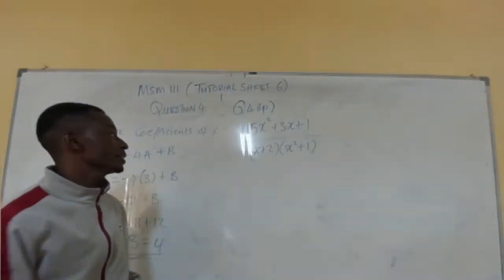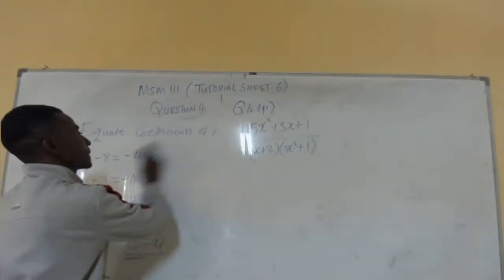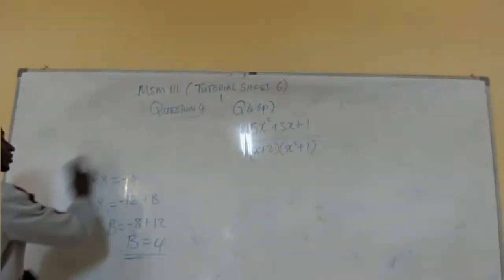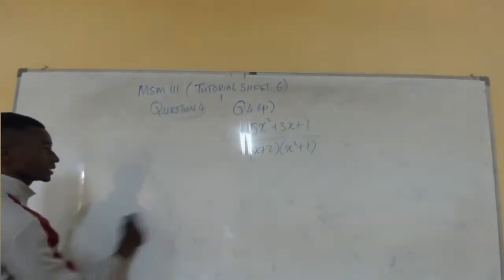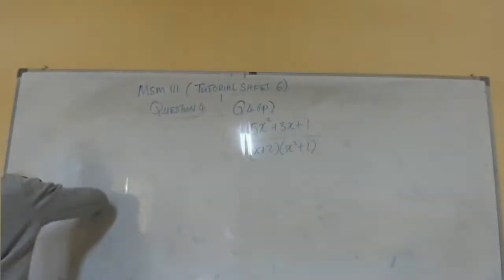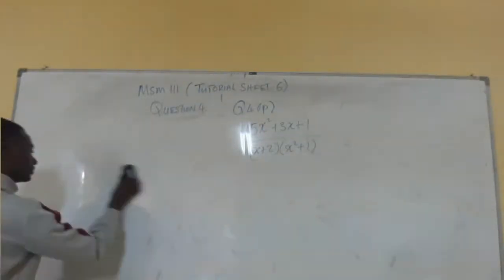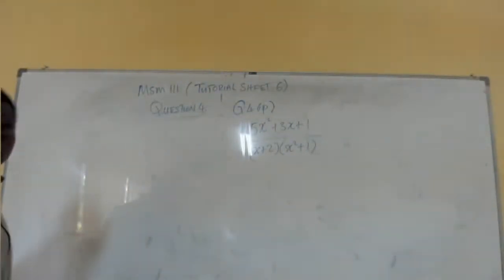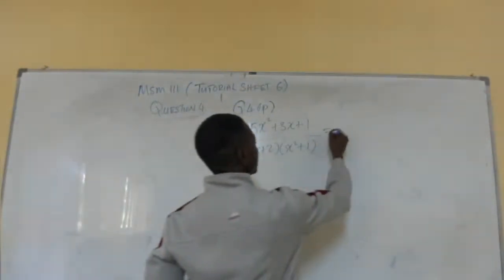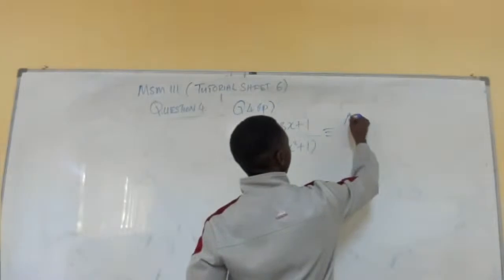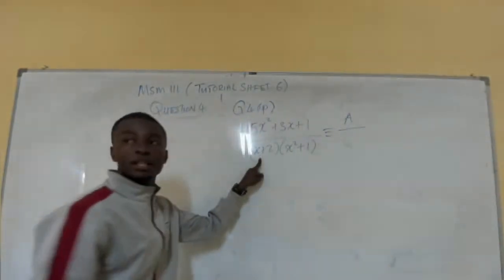So as you can see, we have a different question. The denominator contains a quadratic factor, and you know how to express that into partial fractions. So expressing this one into partial fractions, it can be expressed as a over this factor, which is x plus 2.